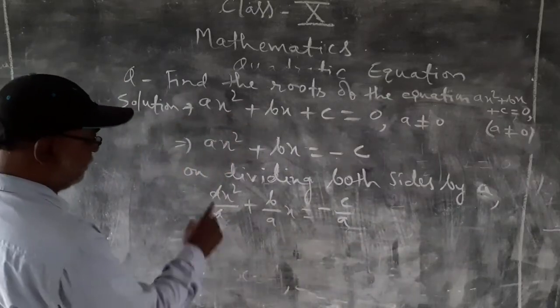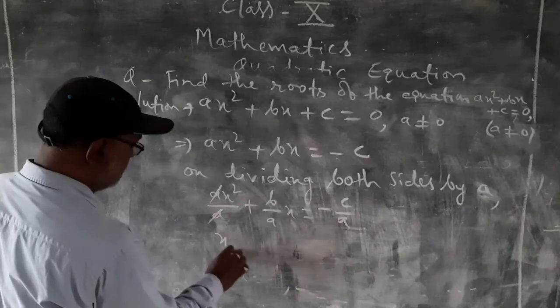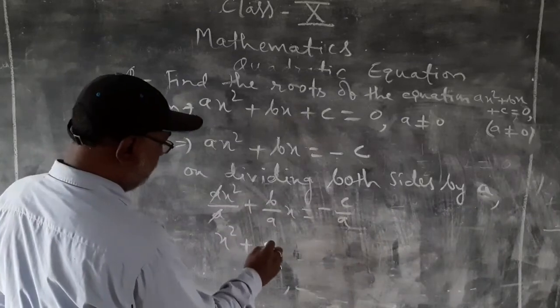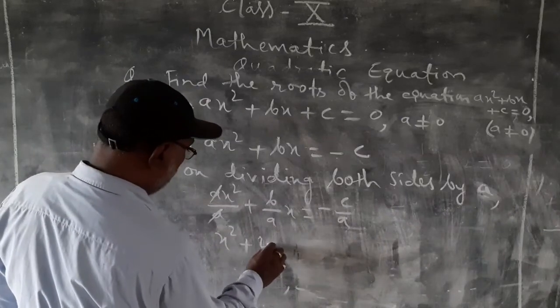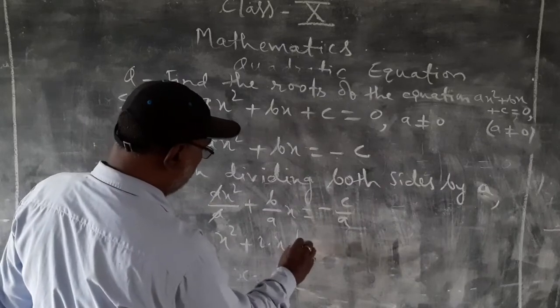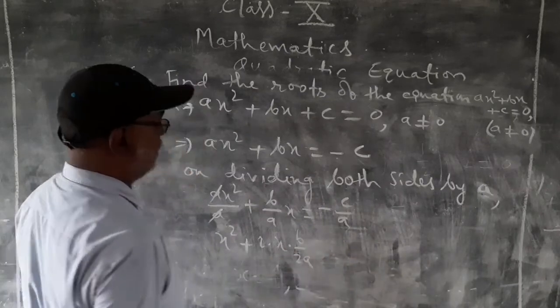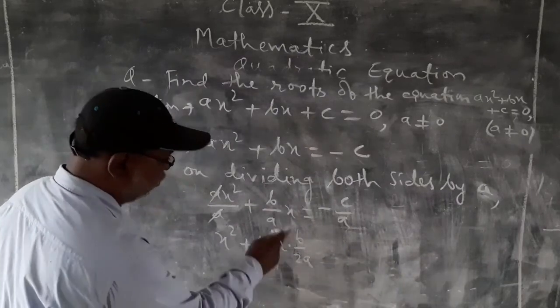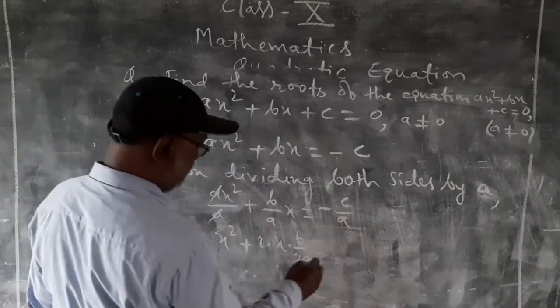Now these two a's cancel. x squared plus b by a x can be written as 2 times x into b by 2a.